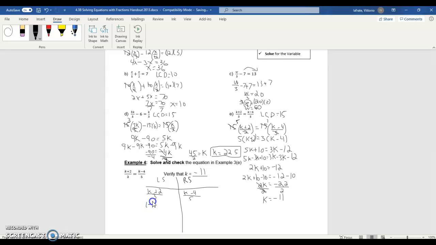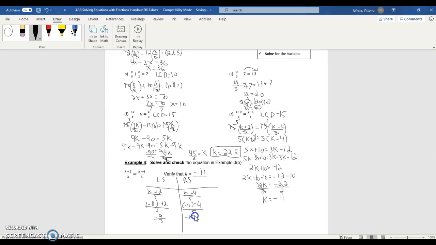Let's go plug our k value in. So we have (negative 11 plus 2) over 3. We have (negative 11 minus 4) over 5. Notice I put the k value in brackets, and then I'm going to go and drop the brackets and evaluate accordingly. So negative 11 plus 2 will be negative 9 over 3. Negative 11 minus 4 is minus 15.